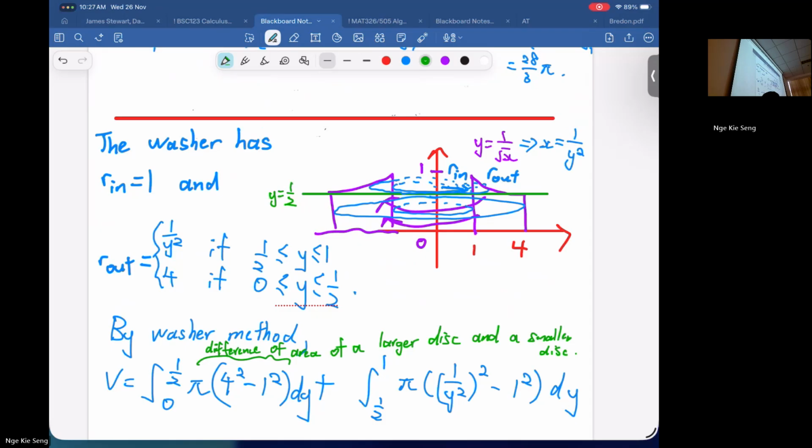Does it make sense? You compute the larger disk first, and then you take away the smaller disk.